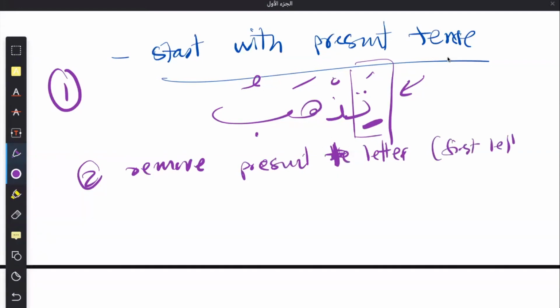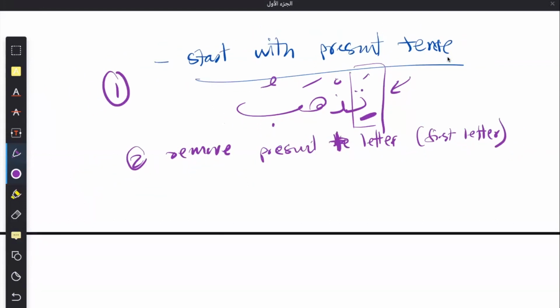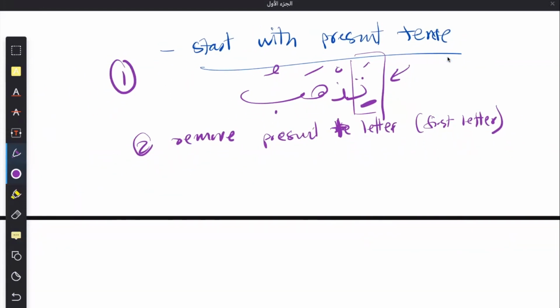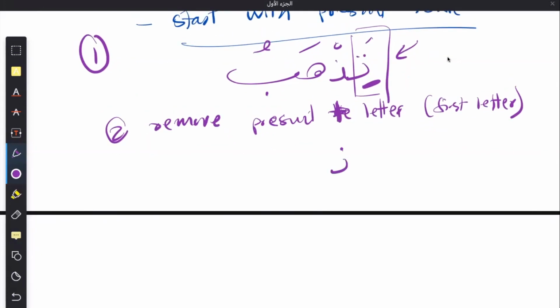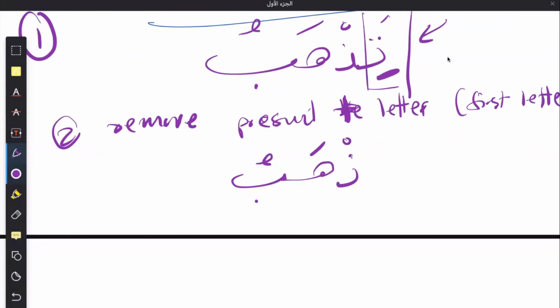This is your second step, meaning you remove the prefix. So great, I remove the prefix. So we have dal sukun and we have the rest as we had before. So this is what we are left with after doing the second step.